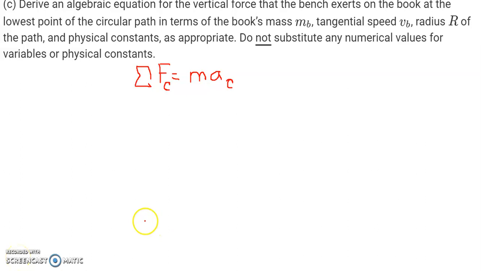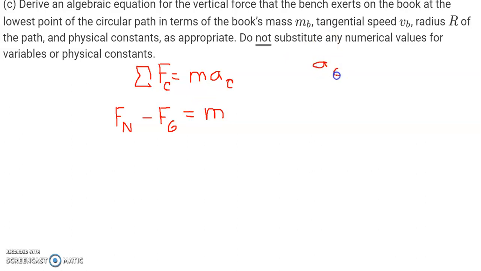Forces that point towards the center of the circle we define as positive. Forces that point away from the center we define as negative. So the normal force points towards the center of the circle, so it's positive, while the force of gravity points away from the center, so we're going to define that as negative. That equals m.